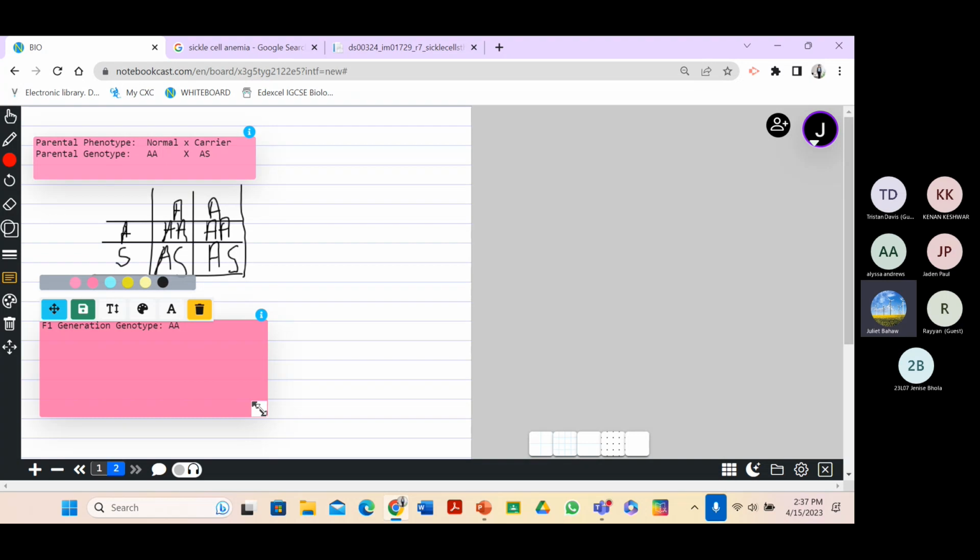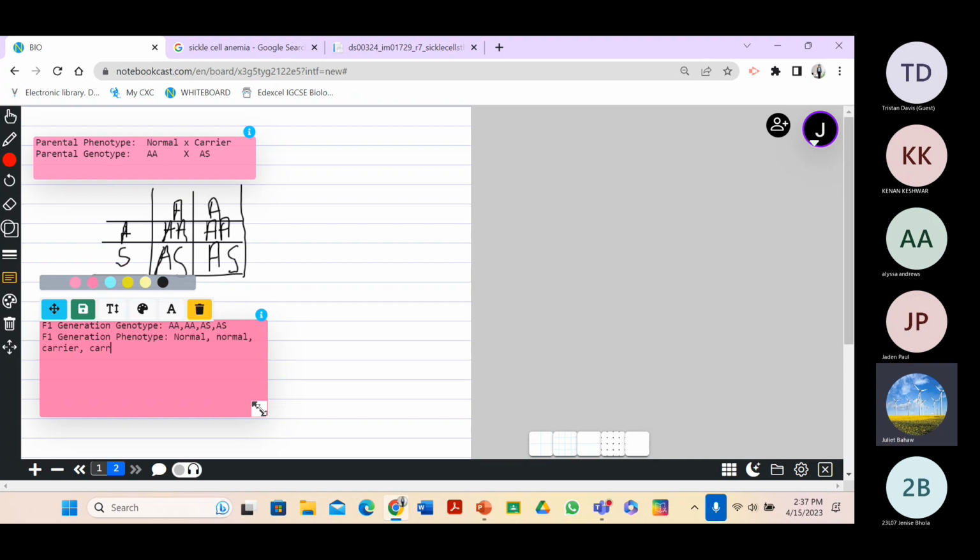So we have AA, AS, AS. Then you put the phenotype. So you have AA is normal. And then you have carrier.